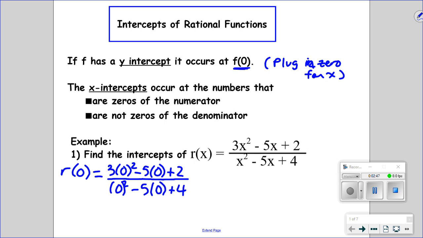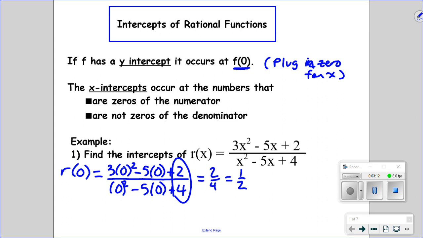Well, I hope you're realizing you're just going to be left with constants. So basically, the y-intercept of the rational function is the ratio of the constant terms. Any of the numbers that don't have an x with them, because if you plug in 0 for x, that's going to go away anyway.